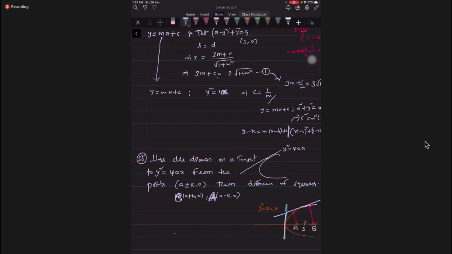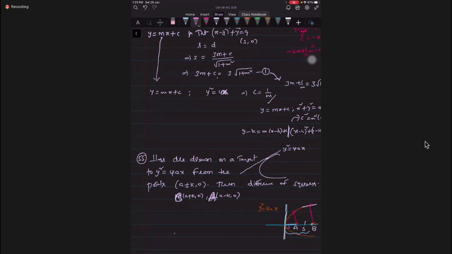Then you need this OA square and OB square, and the difference. Don't make the question more difficult, students. Any tangent, so we can take even the tangent at the vertex also. So you can find the difference of their squares.